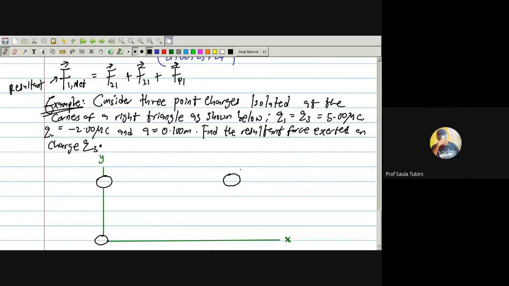So this is a positive charge, this is a negative charge, and this is a positive charge. So this is Q1.